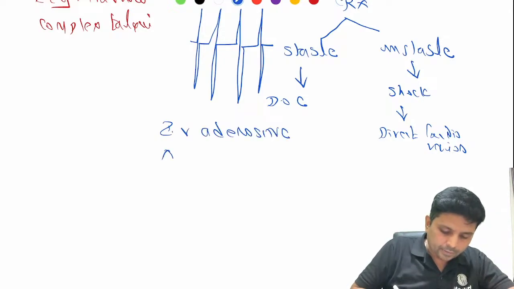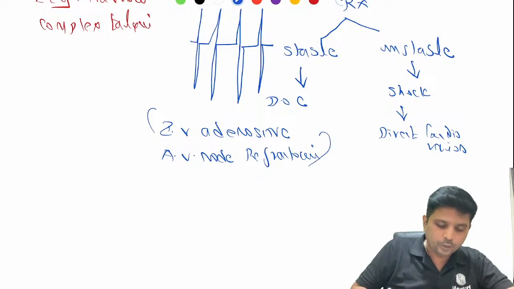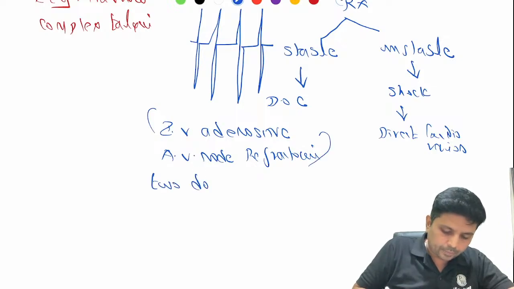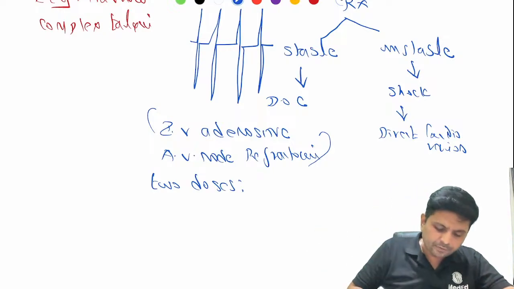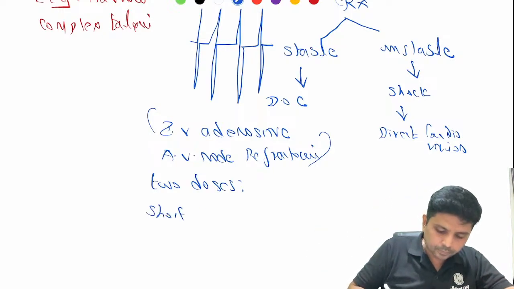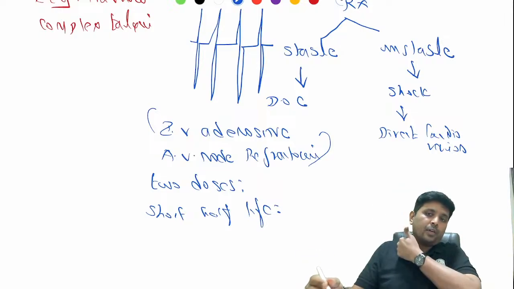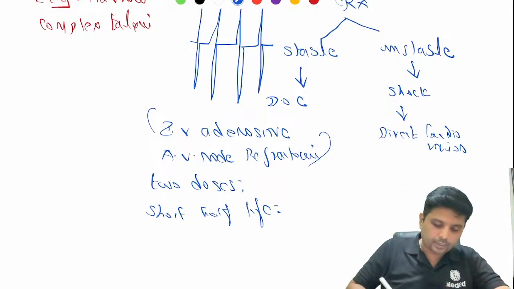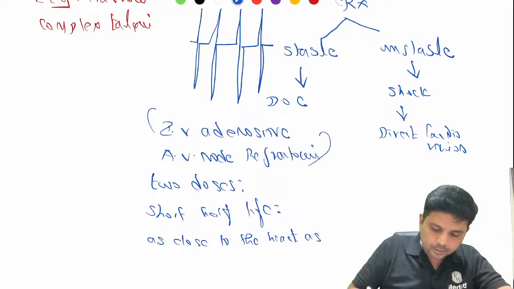It causes AV node refractoriness. Two doses of IV adenosine can be given. And remember, adenosine has a very short half-life, so you need to give it into a line which is as close to the neck, as close to the heart as possible.